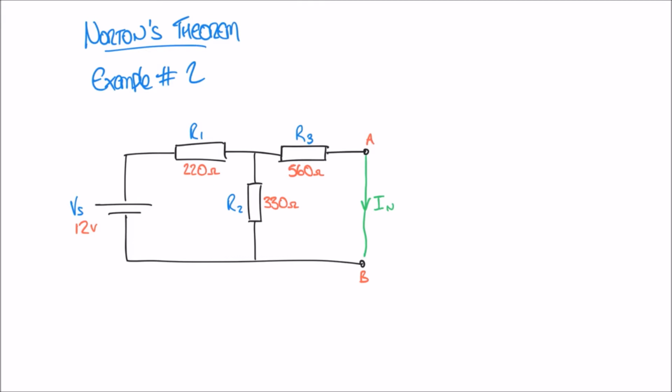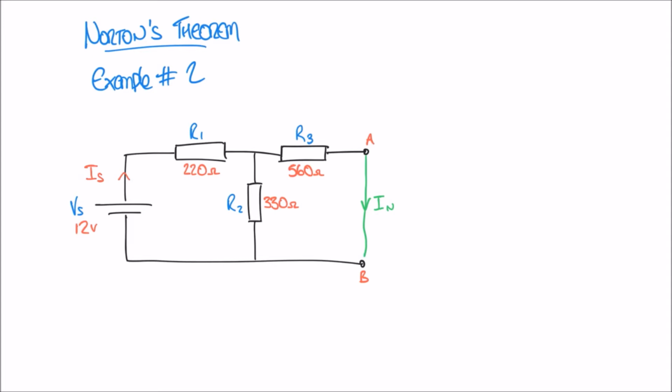Because we have different resistors that are connected in different arrangements, IN is not quite as easy to work out as in our previous example. Before we can work out IN, we need to work out IS, which is the current coming from our supply there. So I'll mark that on there, IS.